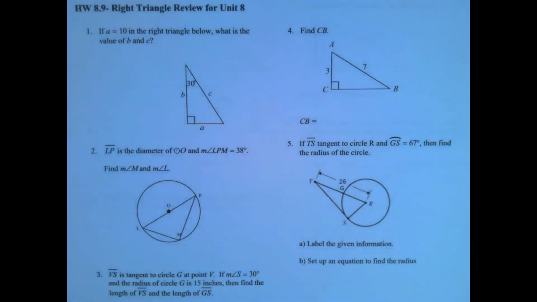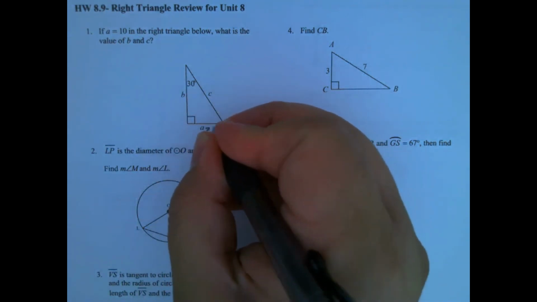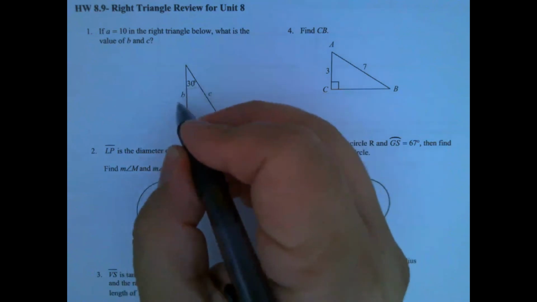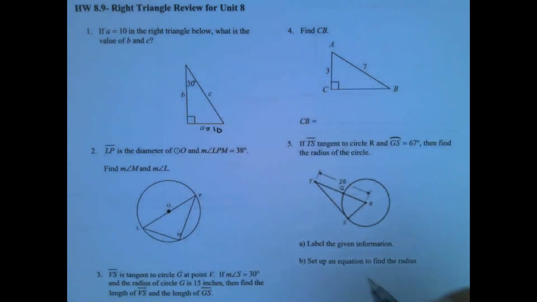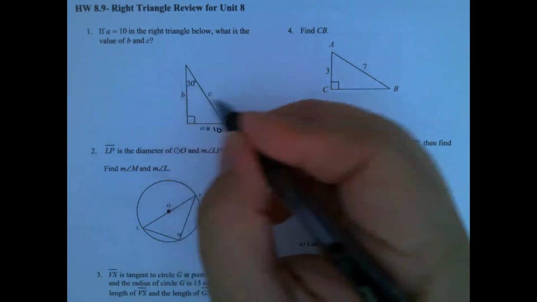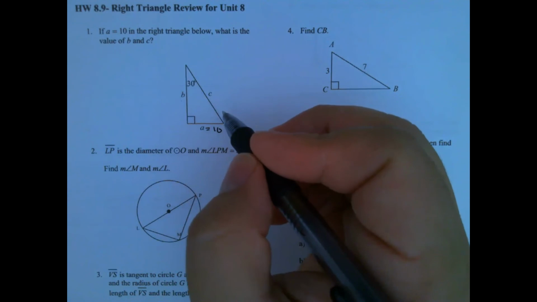Now, there's going to be some right triangles in this test, and that's why we're reviewing these concepts. So it says if A is equal to 10, we're going to put the information where it belongs. In the right triangle below, what is the value of B and C? Now remember, we technically could use SOHCAHTOA here to help us find these values. On the test, you're going to be asked to find just one of these, not both of them.